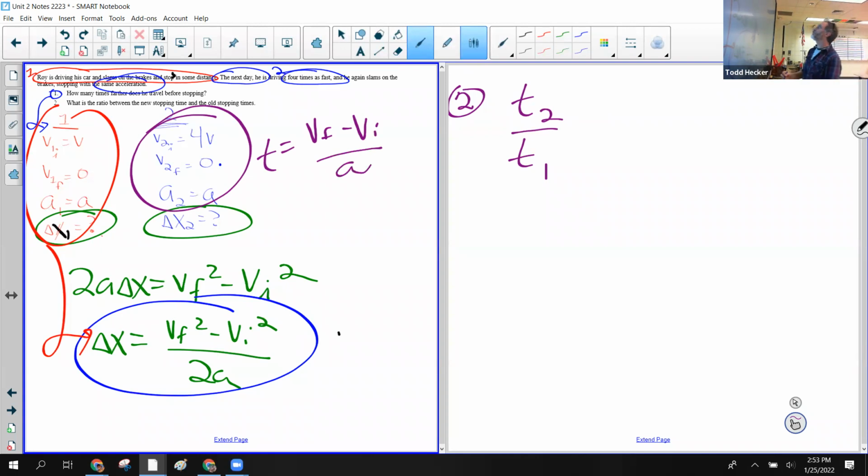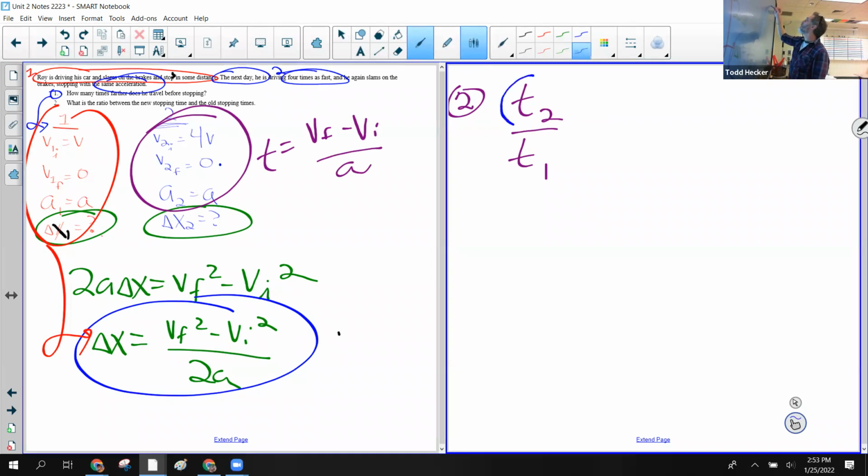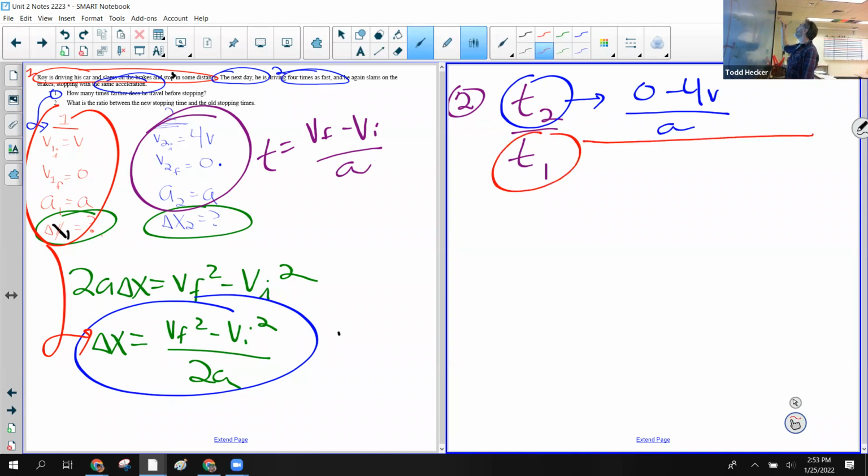So on day 2, we're going to have VF minus VI over A. And on day 1, I'm going to have 0 minus V over A. And you can see everything here cancels except the 4. So we discover that that ratio is just 4.